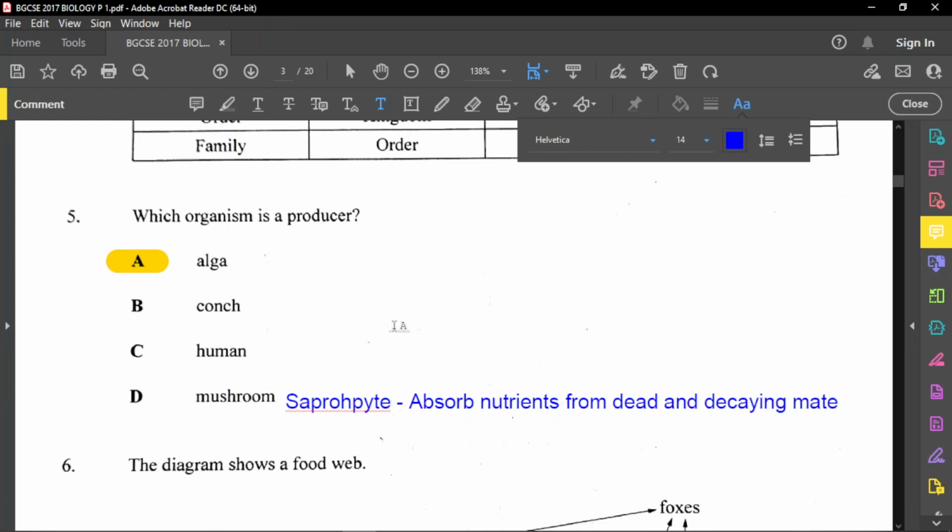So if plants die or leaves die and decay, then they will absorb nutrients from those. That's why they are called saprophytes. All right, just to make a note of that.